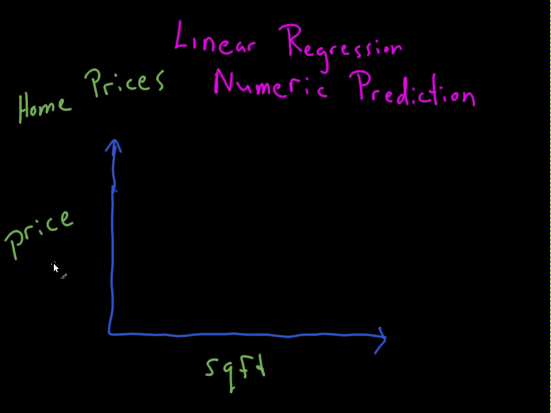And so say for example we went through and we collected a bunch of real estate data from some zip code, and say we had 10 or 20 or 30 different recent home sales, and we plotted them on our graph here. So we'd have our square footage and then our price, and so there would be an intersection on our XY coordinate plane.